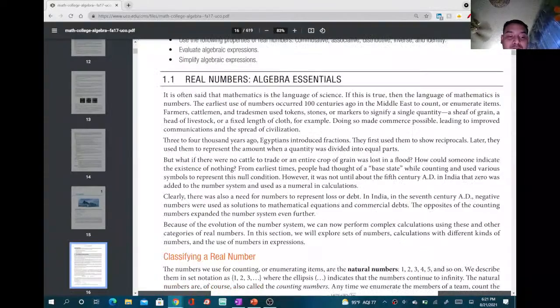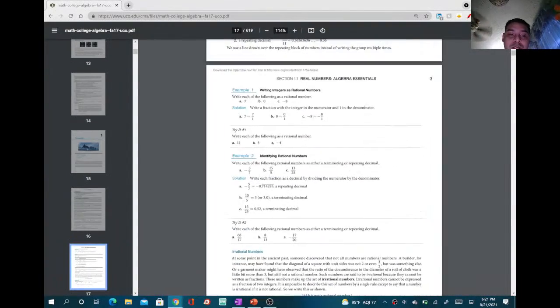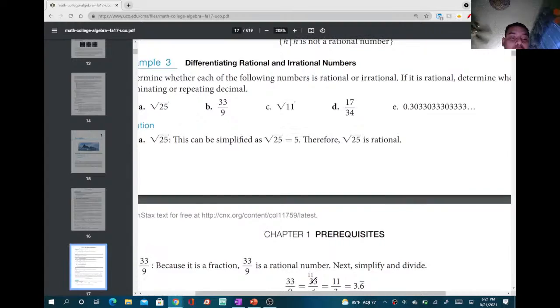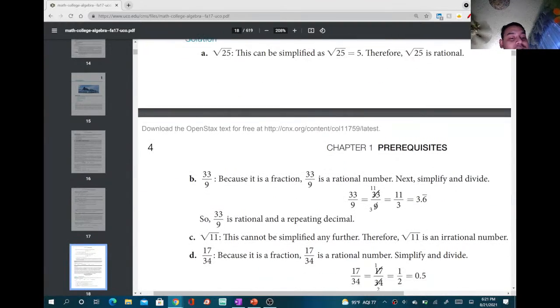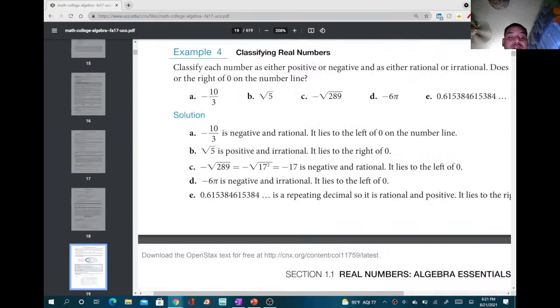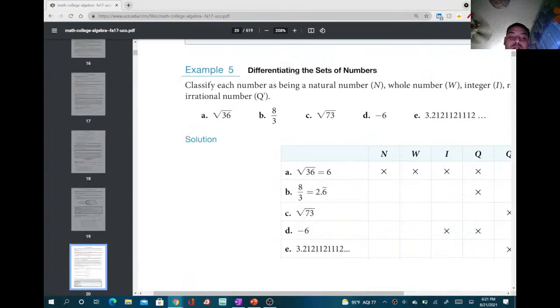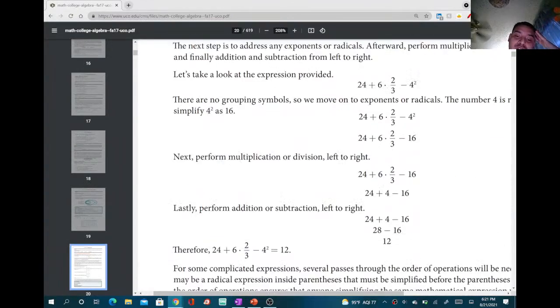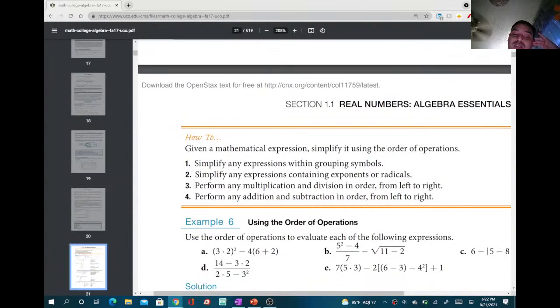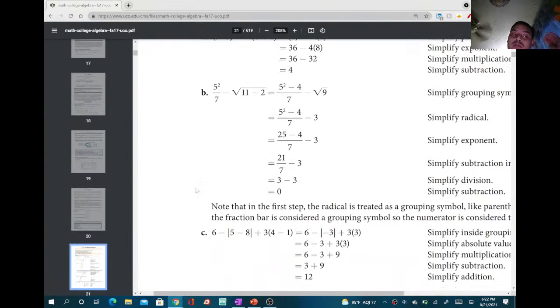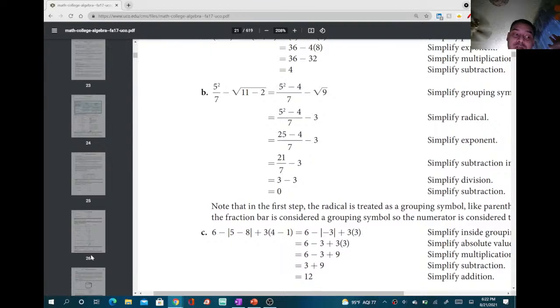So we have real numbers. This is section 1.1. Instead of literally going through the whole thing, like all the definitions and everything, I'm just going to move on to the examples of this section.